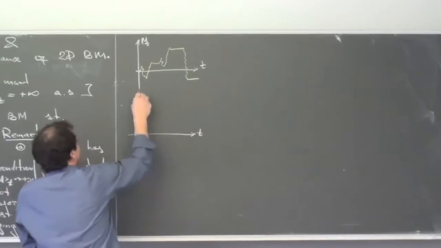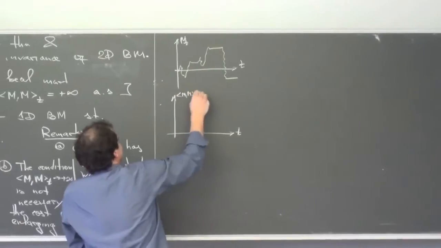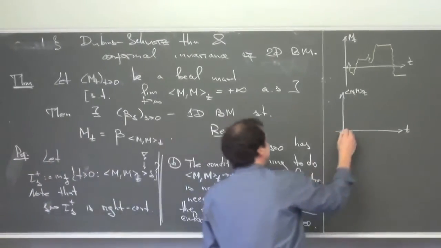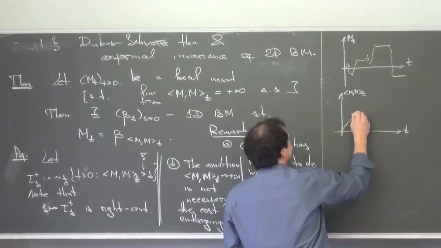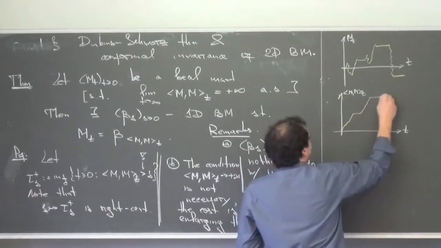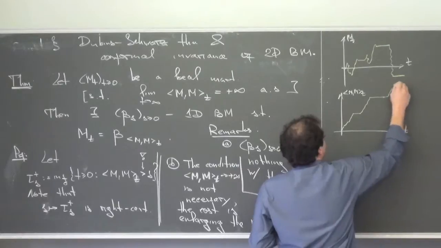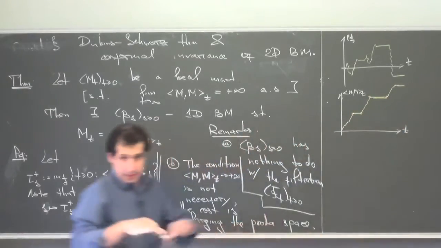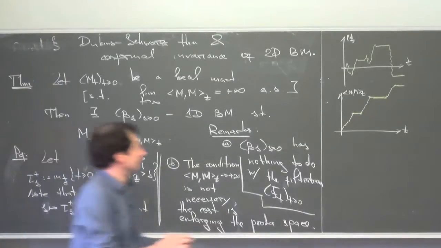Here is a sample of quadratic variation. And on this picture, I already claim something. Quadratic variation is an increasing process, and it might happen that it's constant on some intervals.